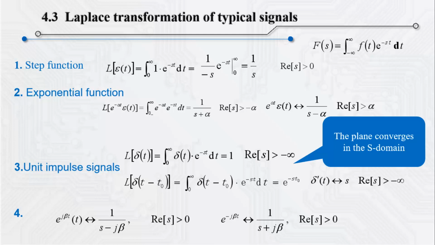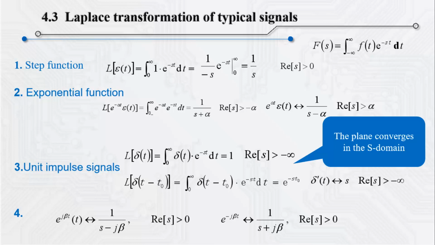So we get that the Laplace transformation of e to the power of j beta t is 1 over s minus j beta. The convergence domain is sigma greater than 0. The Laplace transformation of e to the power of negative j beta t is 1 over s plus j beta. The convergence domain is sigma greater than 0.